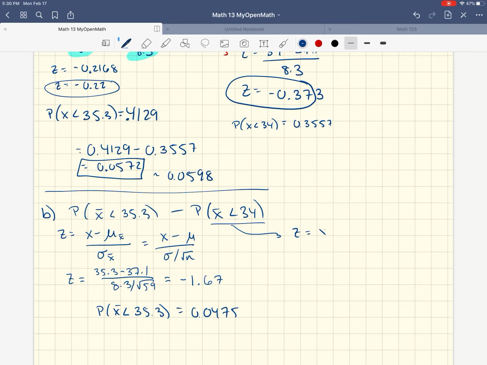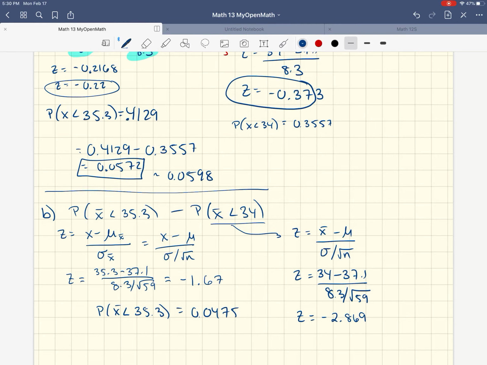The z-score here is going to be x bar minus mu over sigma divided by the square root of n also. So 34 minus 37.1 divided by 8.3 over the square root of 59. This z-value gives us negative 2.869. Very, very different than the last one.